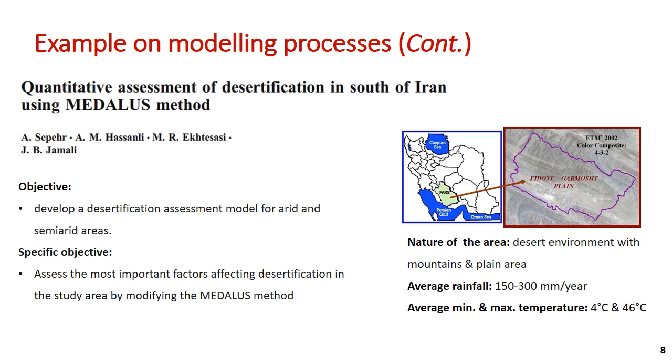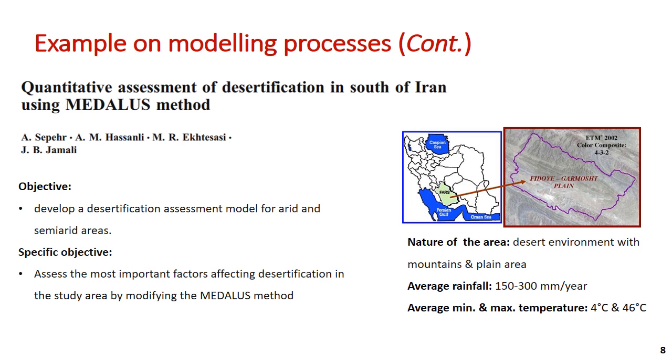Now, to understand all of these 7 processes, let's give an example. I chose for you this study: a quantitative assessment of desertification in the south of Iran using the Medalus method. The objective of this study was to develop a desertification assessment model for arid and semi-arid regions. The specific objective was to assess the most important factor causing desertification in the study area, in Iran, called Vidoy Gramost Plain.